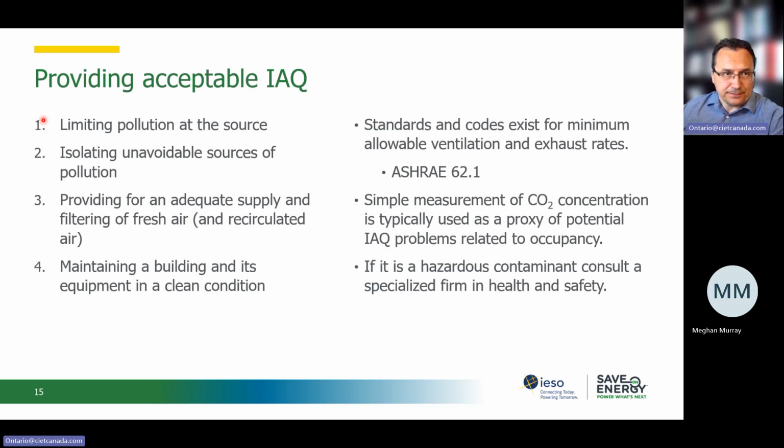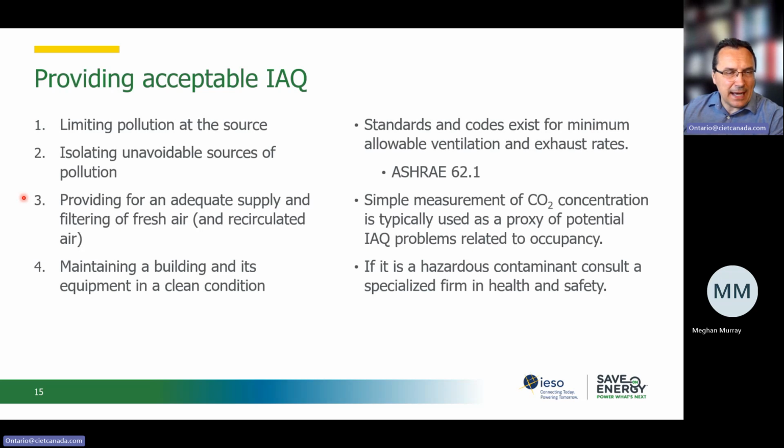So acceptable indoor air quality is based on limiting the pollution at the source. This will be the preferred option, if we can. That's the main approach that we have in our spaces. We also isolate sources of pollution in our buildings so that we can deal with them in a smaller area of our buildings.